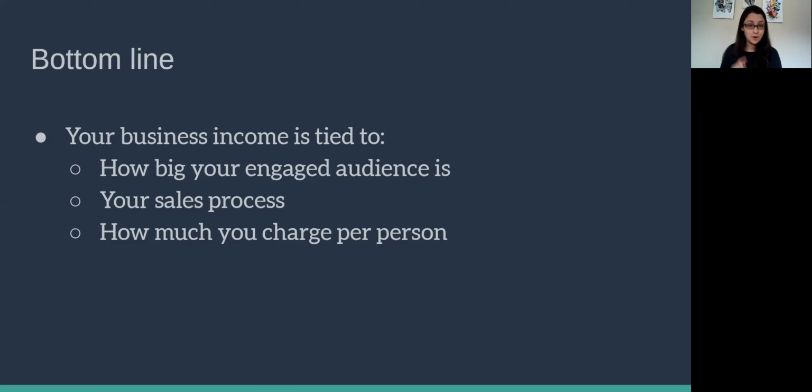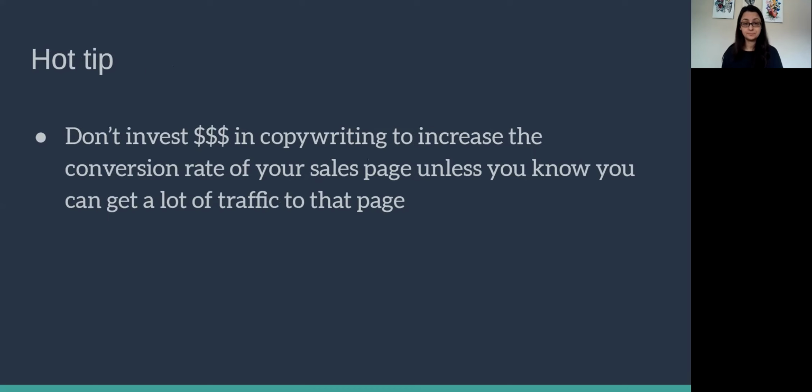So yes, always be growing your audience and always be looking to improve engagement. It's also tied to your sales process. So always try to be improving your sales process, have better sales calls, and also how much you charge per person. You might need to charge what might feel really uncomfortable right away to start making the money that you really need to make from your business.